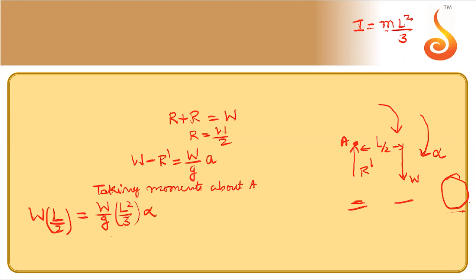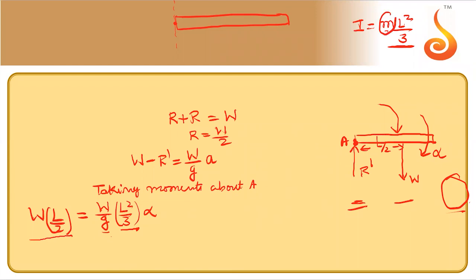M L square by 3 is the moment of inertia of a rod about one of its ends. So there is a uniform rod of mass M, about an axis passing through its end and perpendicular to its length. It should be M L square by 3.